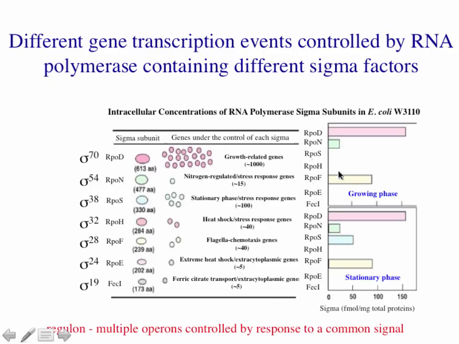But notice that during the growing phase, there is no binding of sigma 38, which is the stationary phase sigma. Only cells in stationary phase show binding of sigma 38, which is the blue bar over here. So that gives you specificity of when the sigma factors are able to initiate transcription of groups.